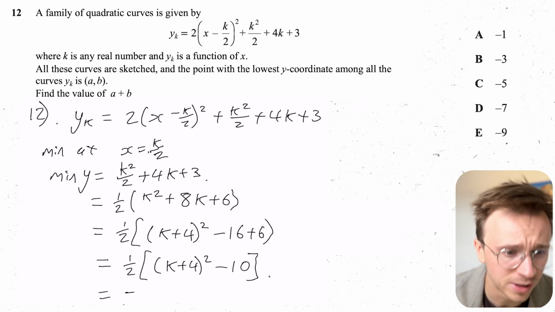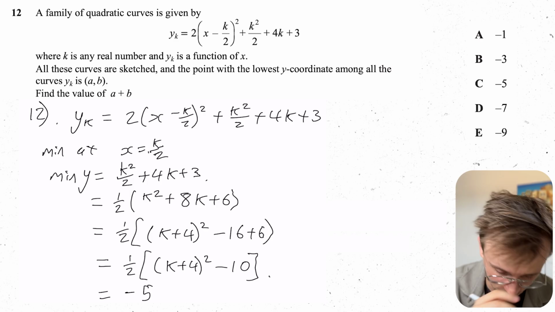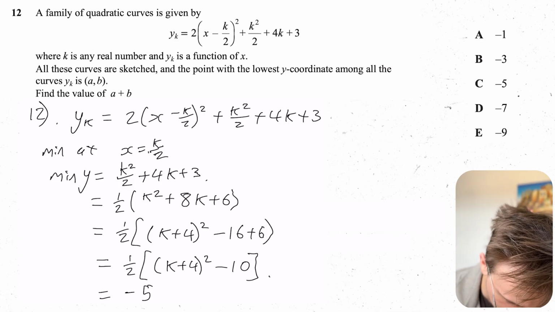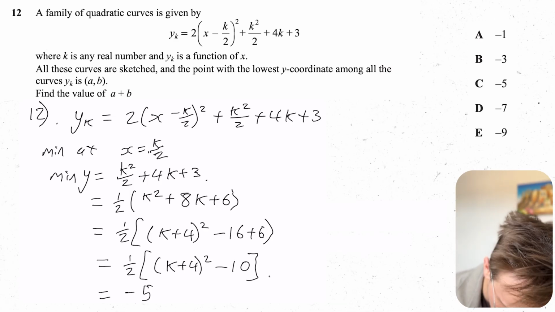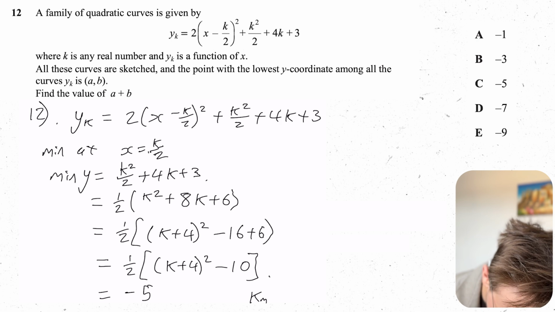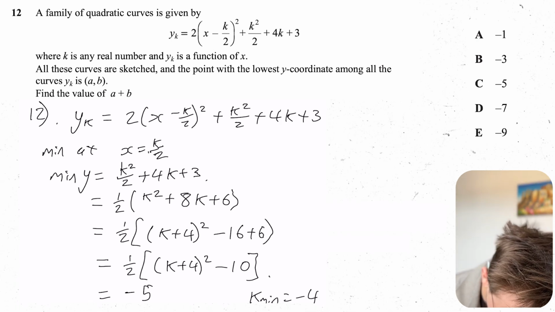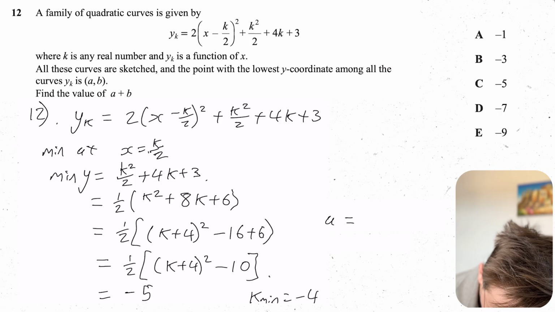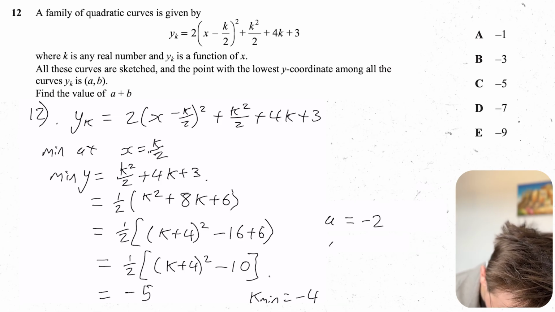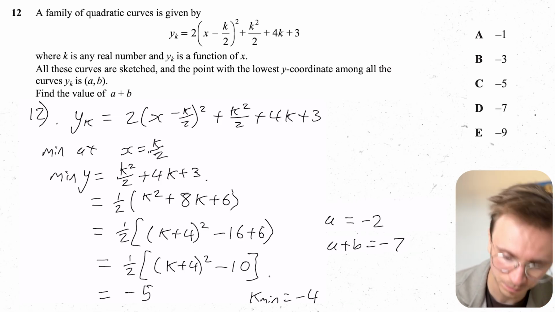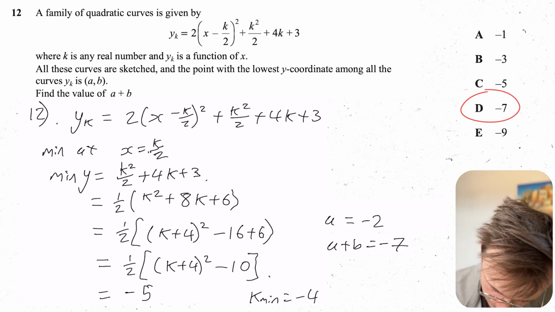So the minimum is at minus 5. But what do I need? A plus b. Well, the minimum, k min equals minus 4. So this is b, and then a is equal to minus 2. So a plus b equals minus 7. So that is D.